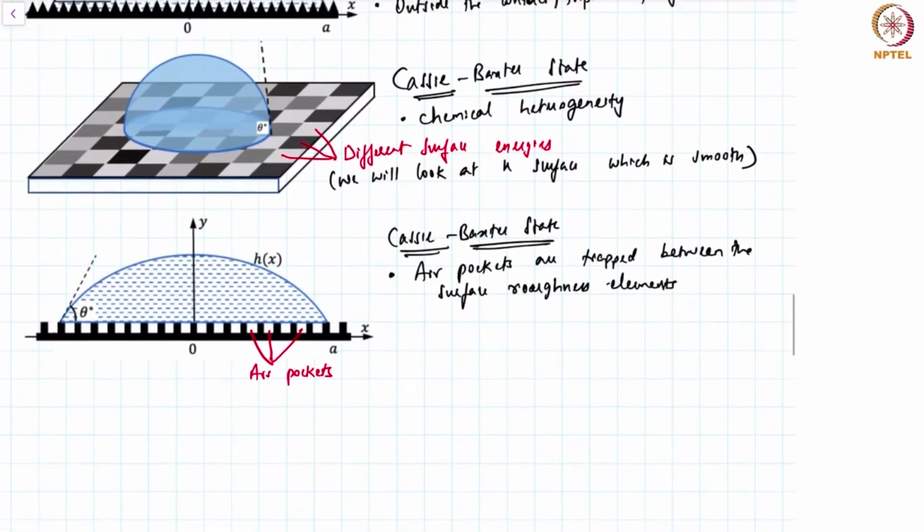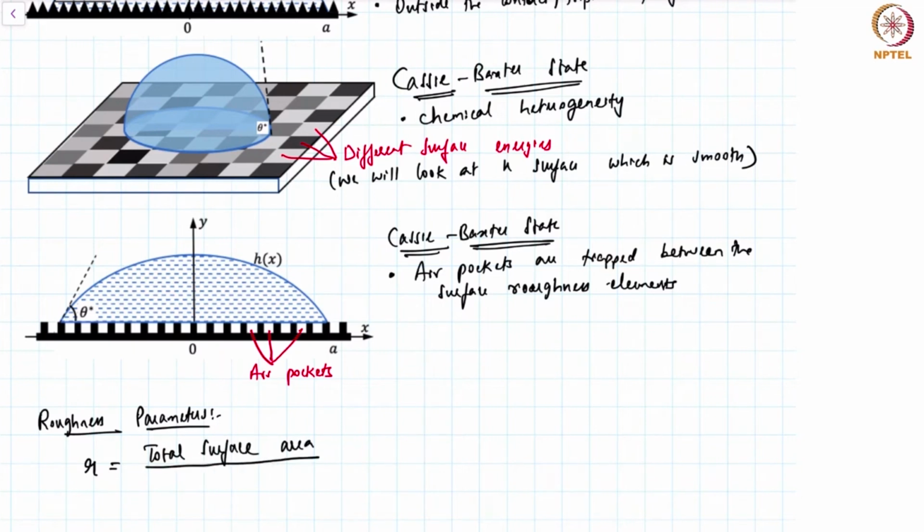But before we do this, let me first define how we characterize roughness. We'll define two roughness parameters. The first one, we'll just call it R. This quantity R is the ratio of the total surface area of the rough surface to the projected surface area. And this quantity is always greater than or equal to 1.